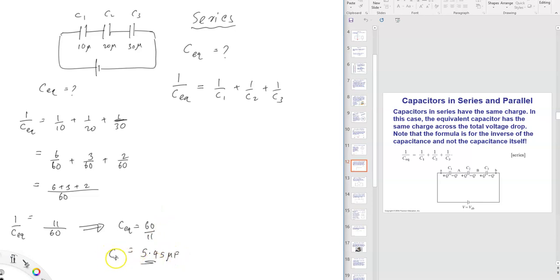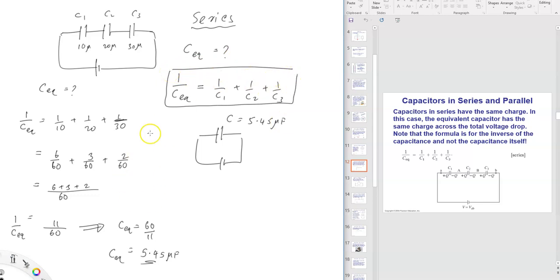So the equivalent capacitance, if you want to replace all three with a single capacitor, you have to put C equals 5.45 microfarads. So it's important to remember, when it is series, this is how you start, and then after you complete all the math, take the reciprocal and find the equivalent capacitance.